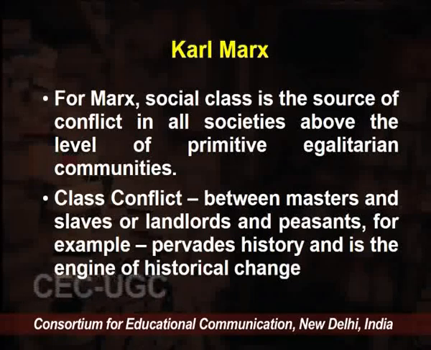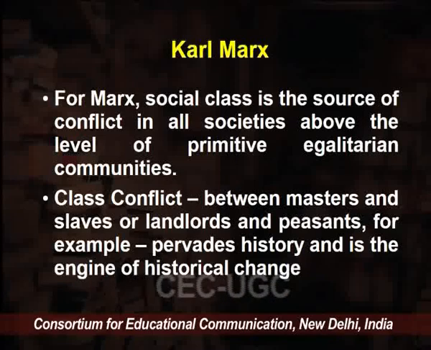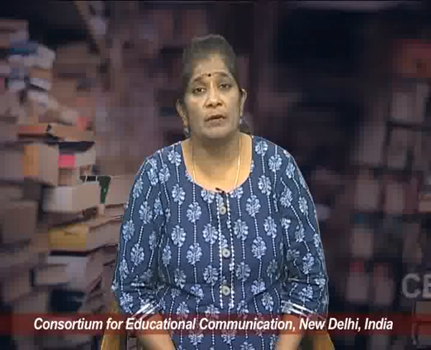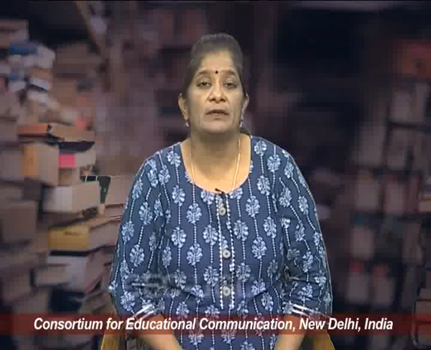So history, he says, is a history of class struggle. In the Communist Manifesto, Marx and Engels, in the classical statement, emphasized that the history of all hitherto existing society is the history of class struggle. So conflict has always been a part of society.